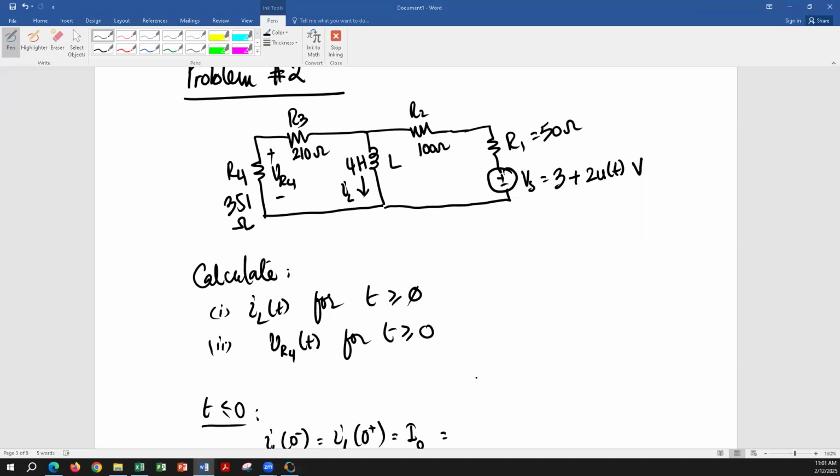If 3 means that it is running with the value 3, and then at t is equal to 0, the change is going to happen. So it is running for a long time with the value of source to be 3, and at t is equal to 0, the value of source changes from 3 to 5.